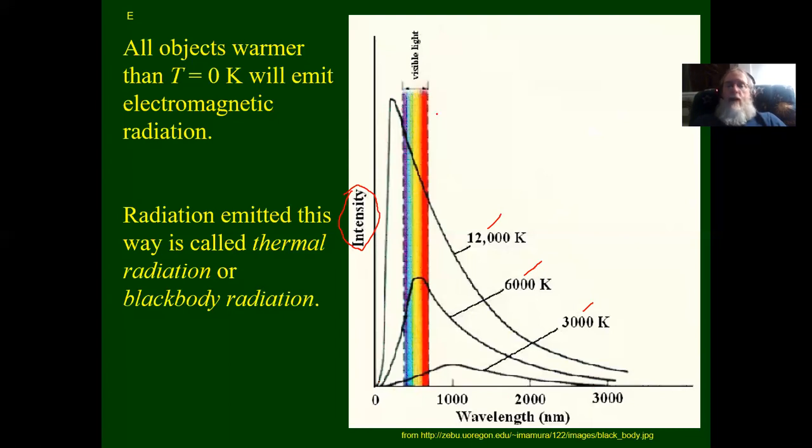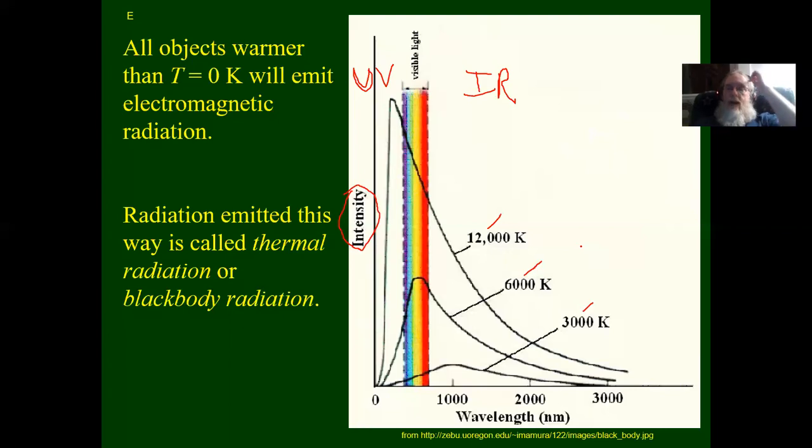Visible light is indicated here. So over here is where we would have the infrared, and over here would have the UV. I didn't make that U look very U-like on this side. All right, now, two things to notice about these curves.